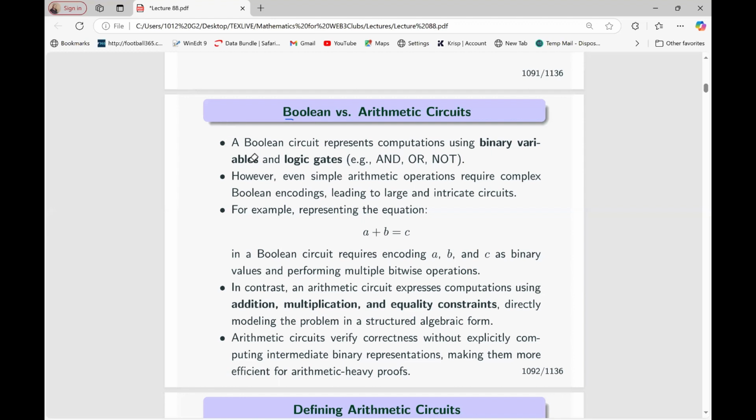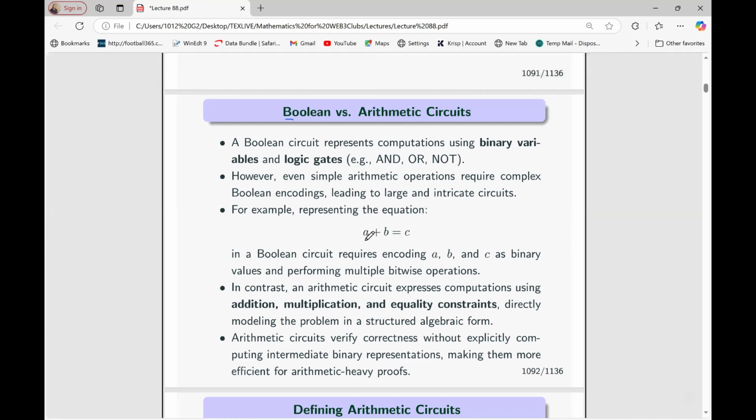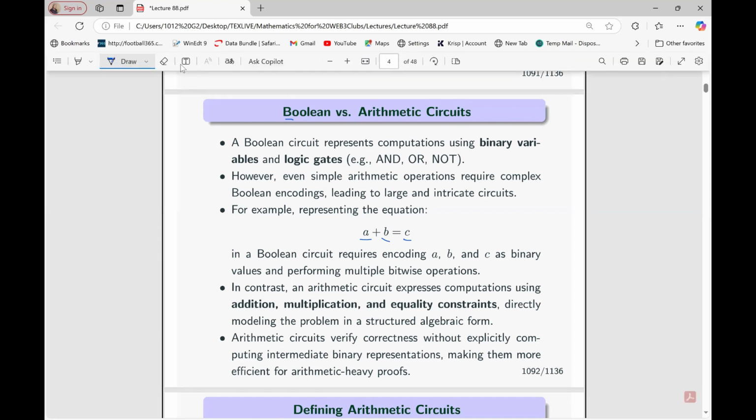What they're doing is just to verify that A plus B would then give us C. Now, under the Boolean circuit, first of all, you would then convert A to binary, convert B to binary, convert C to binary. And then after conversion, that is when you might want to do the summation on the left and see whether it equals whatever is on the right side. That is under Boolean algebra.